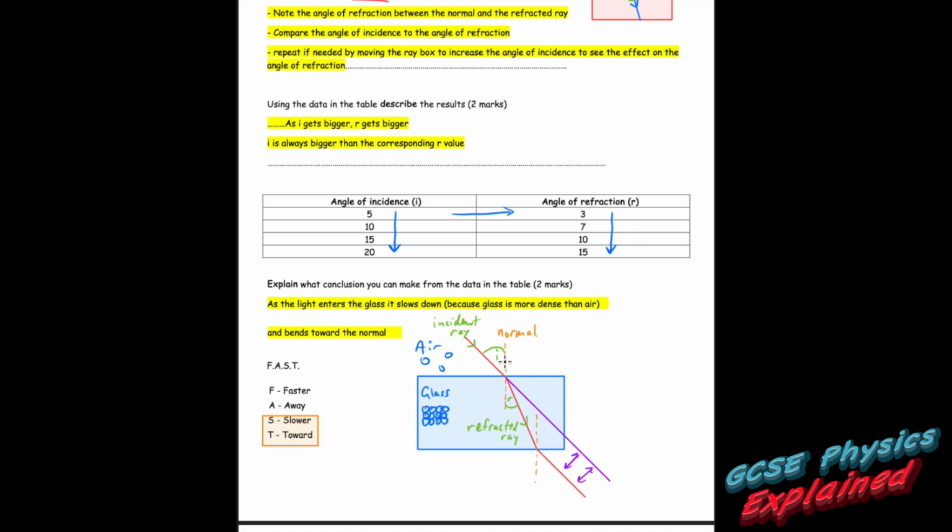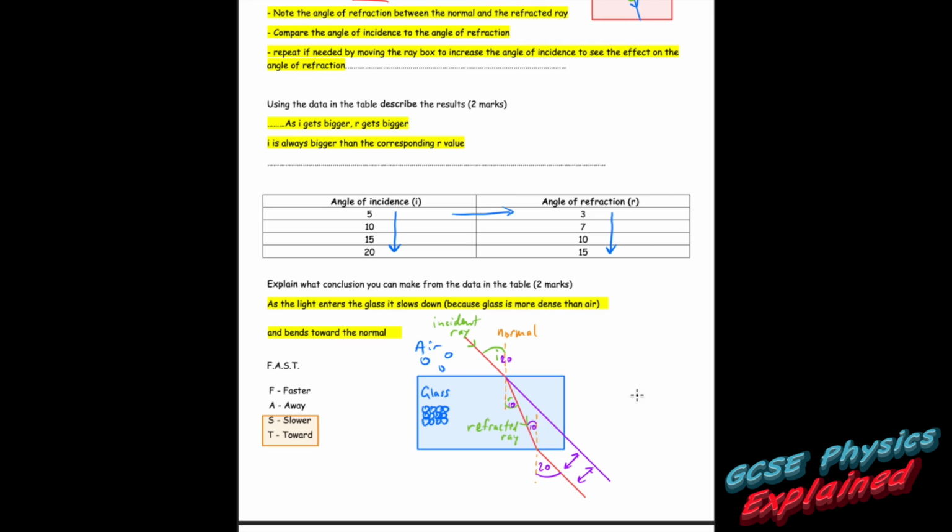So say that that was 20 degrees and this is 10 degrees. Well, it's going to bend by 10 degrees back the other way. So that would be 10 degrees, and this one would be 20. And those angles are always like that, where that one there is the same as that one there, and that angle there is the same as that angle there.